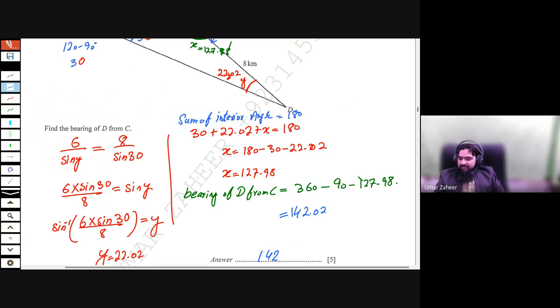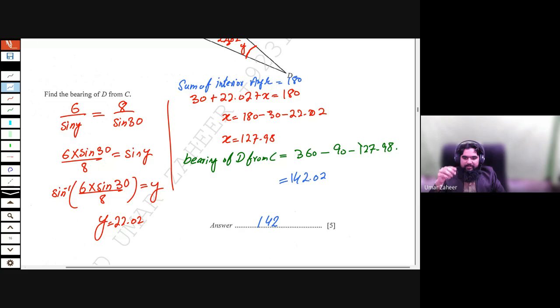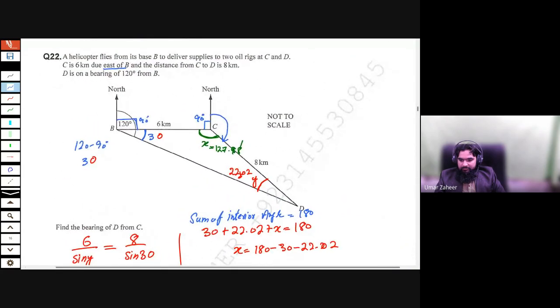And then at the last, we know that the whole complete rotation is 360. So I had to subtract 360 minus 90 minus 127.98. Yes, everyone, it is clear.